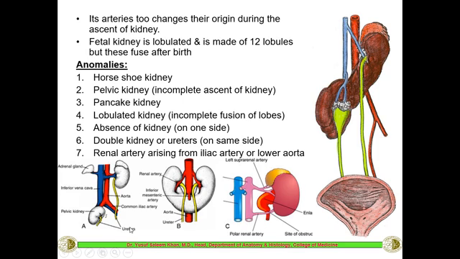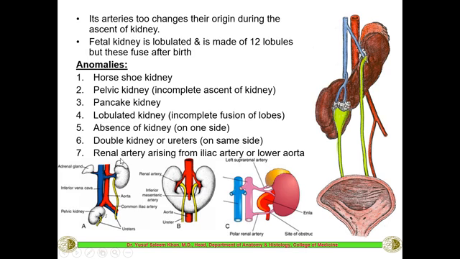And then I said the arteries which are arising keep on changing during its ascent. So sometimes the new arteries form, renal arteries may not be formed here, but the previous arteries which are coming from the iliac arteries, especially from the common iliac artery, might be still persisting.